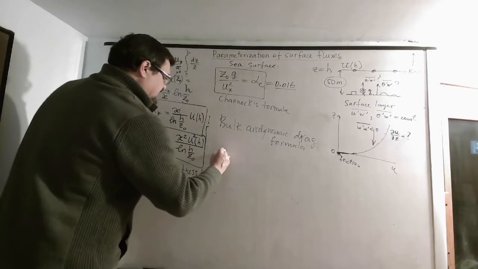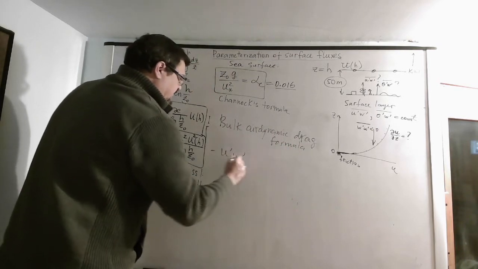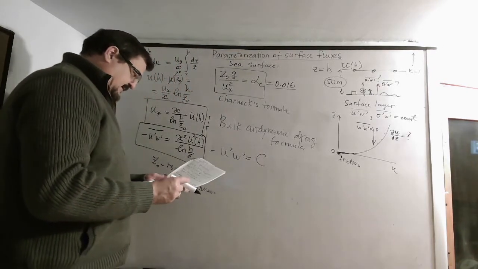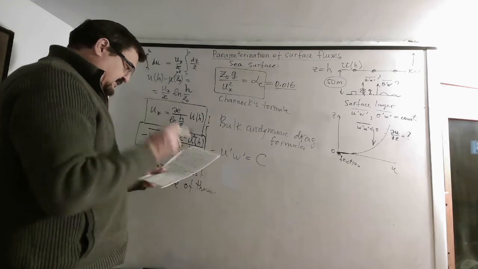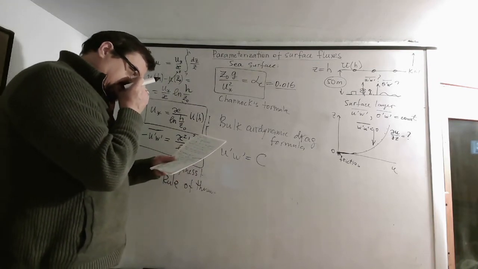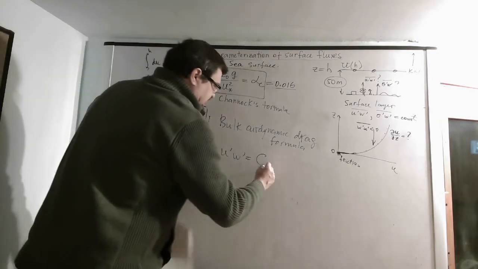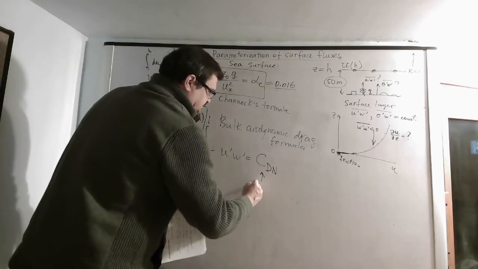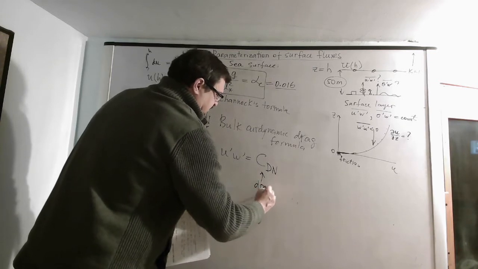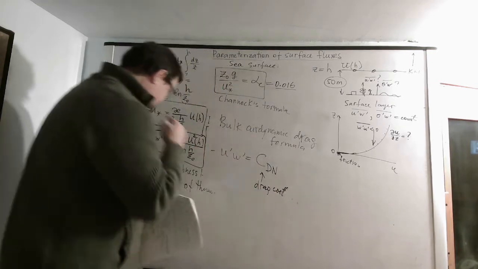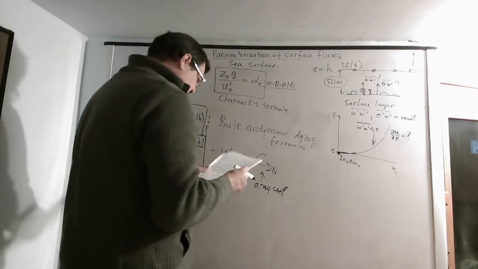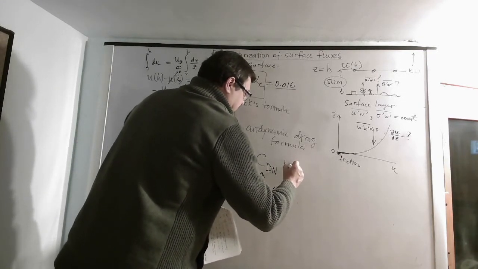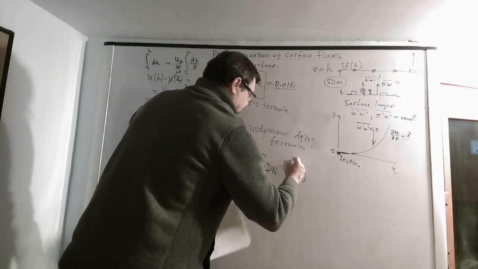so that your flux of momentum equals some drag coefficient, for neutral conditions CDN, times U at level H squared.